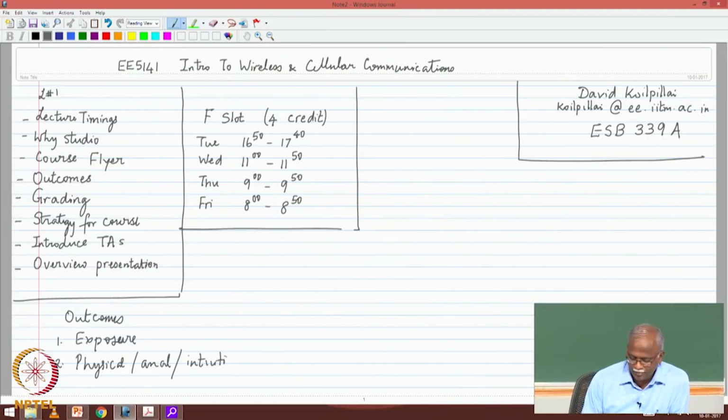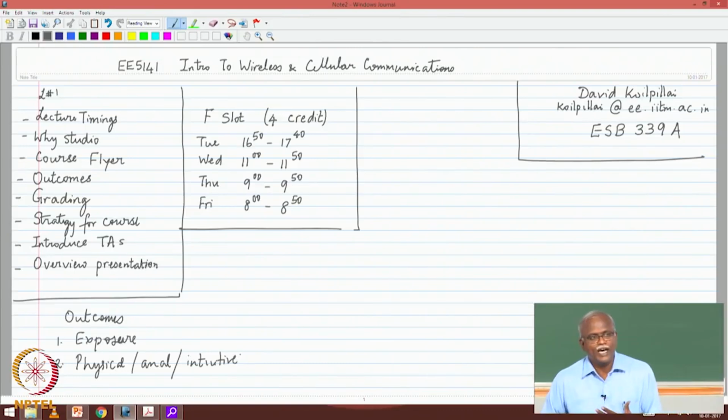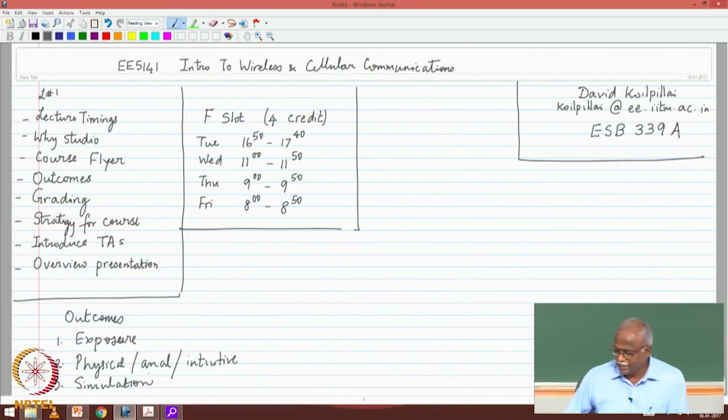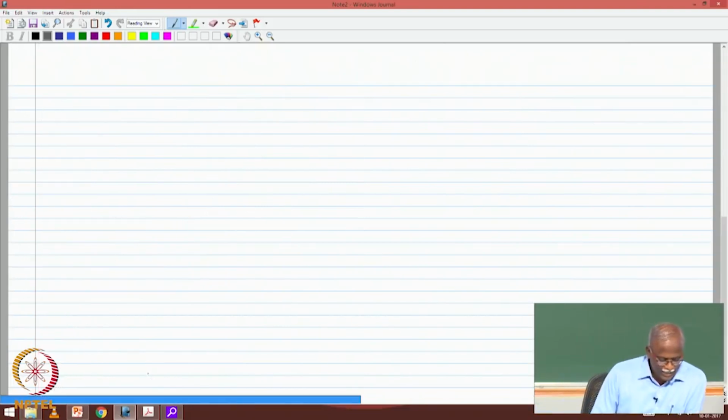Very, very important, because a lot of wireless is about being intuitive, understanding what is it that works well in the context of a wireless system. Then the simulation aspects, I think that is a very key element that I would like to capture in our course. And also talk about the problem solving aspects.